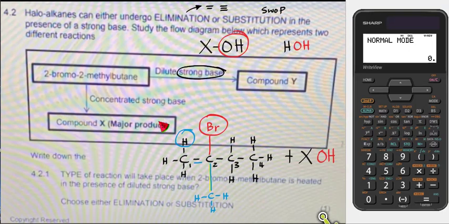So the Br can go with an OH, and the H goes with one of them. H can go with an OH, and Br can go with the first one.